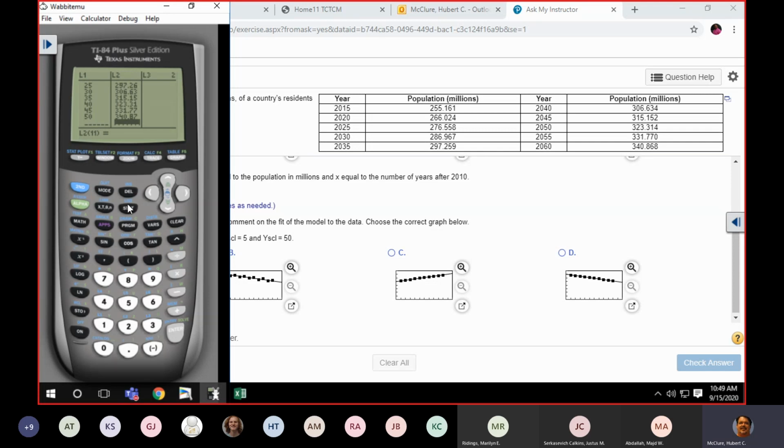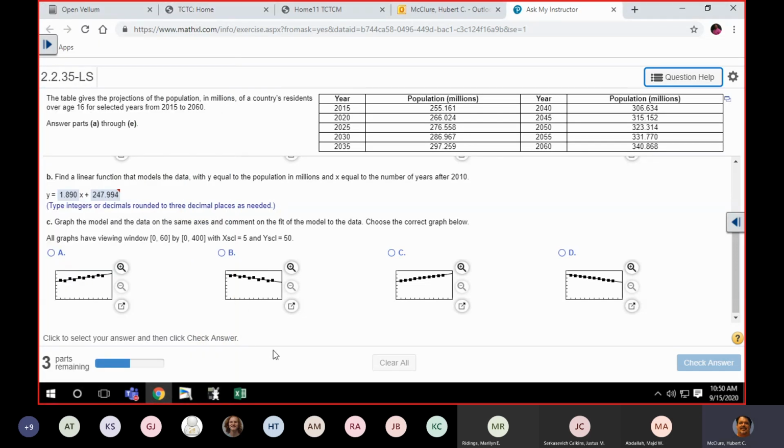So now stat, calculate, linear regression. And they got 247. So something's not transferring over right when I put it in the Excel spreadsheet, because that got 247 and my Excel spreadsheet didn't.